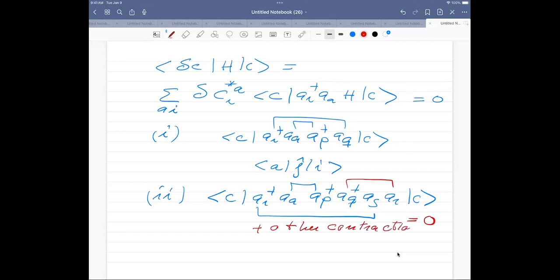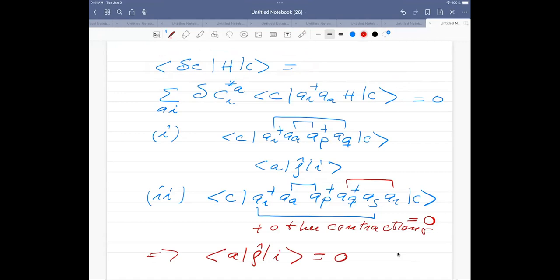Now, when we set up the Hartree-Fock equations, what we did was to require that this term is actually equal to 0. And that led to the equations which are used to determine the Hartree-Fock recipe. So we require that that one is equal to 0.